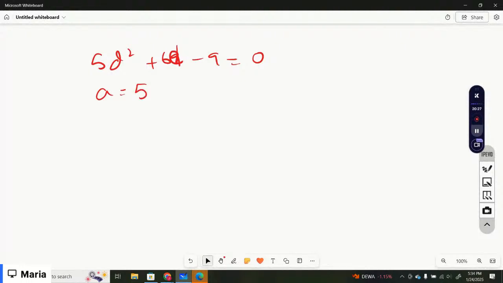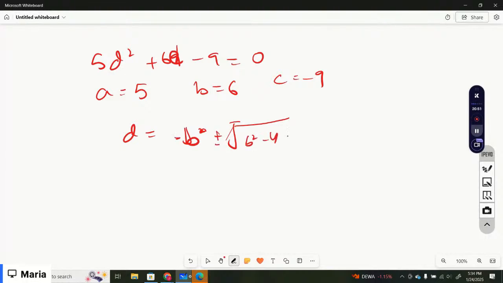A equals 5, b equals 6, c equals negative 9. So d equals negative b plus minus square root of b square minus 4ac divided by 2a. Let's just evaluate.